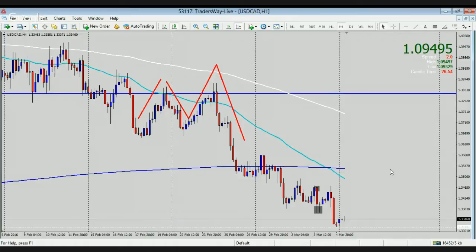The 4-hour and above make the trend. The 15 and the 1-hour follow the trend. Once again, the 4-hour and above, it makes the trend. So if you see a W or M formation on the 4-hour or above, that's because the trend is changing. Simple as that, guys. You guys just need to follow the rules and you'll get the results you guys want.